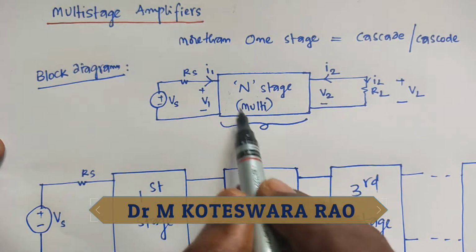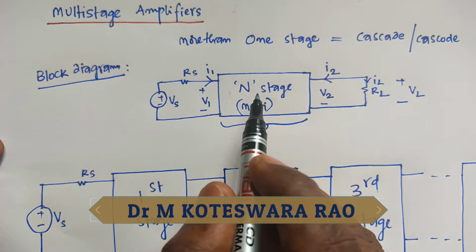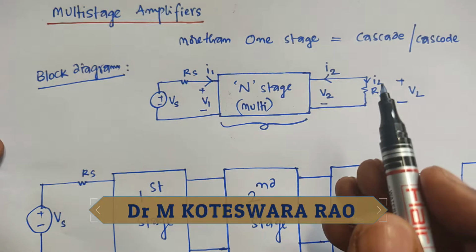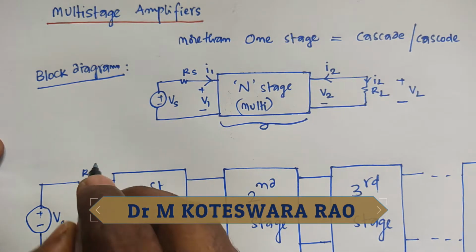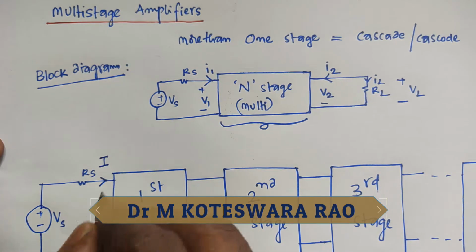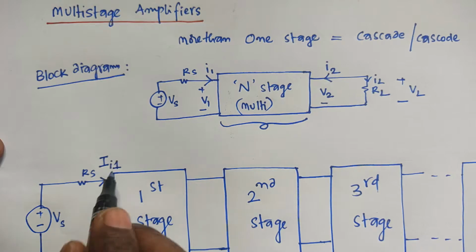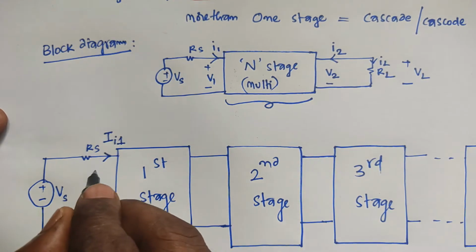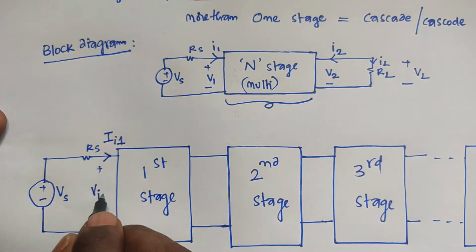Generally here we have only one amplification, but in that block diagram there are many sub blocks. First of all, this is the first stage. This is the first stage input current and this is the first stage input voltage; 1 for first, i for input.